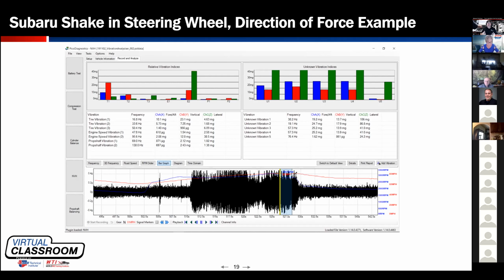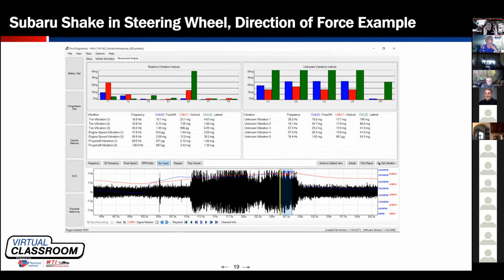If I said, Adam, I've got a shake that's happening 38 times a second, like you see here, or 19 times a second. The key to finding a vibration or a noise is, when you know how many shakes per second it makes, to figure out what on the car at that point in time is spinning at the same rate. So it's kind of a game of, here's the shakes, what's spinning that fast?